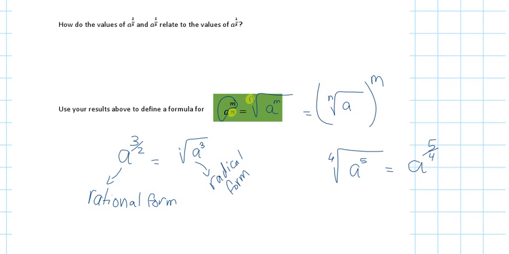Let's look at why this is. I just want to show you the math behind it, okay? So if I have this, sorry, that is supposed to be 1 over 4. If you want to simplify this, how would you write this?